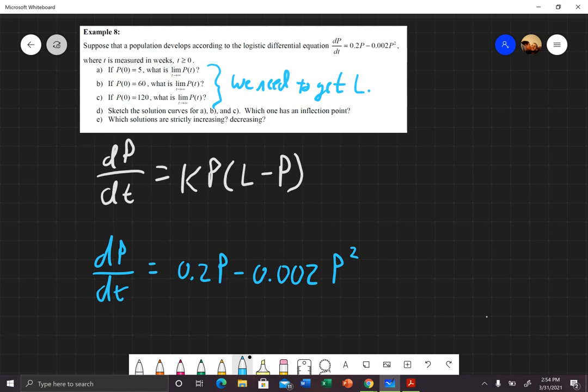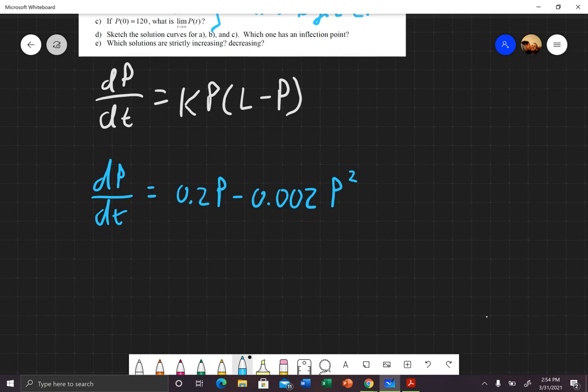Well, we have a P squared going on here, and in fact, we have another P here. So we can pull a P out of this and get it down to just a P inside the parentheses. Let's take a P out first. That'll be the first step. So dP/dt equals, well, we can take a P out, so we've got 0.2 minus 0.002 times P. Okay, so all I did was take a P out. Hey, we can do that.